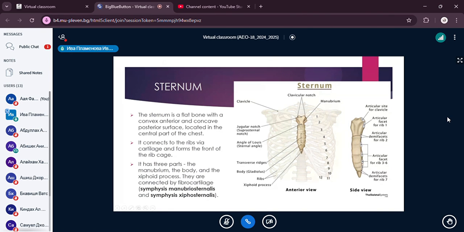After that, on the body, we have full articular facets for the third to sixth ribs, and one semifacet for the seventh rib. On the xiphoid process, we have only one semifacet for the seventh rib.